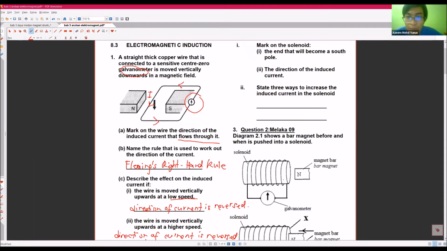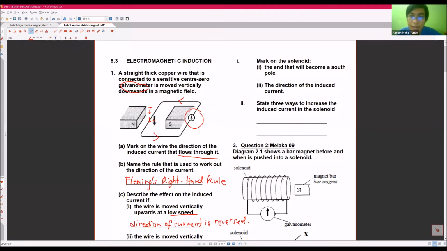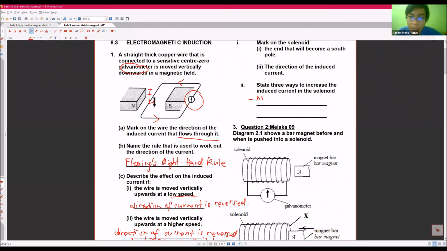State three ways to increase the induced current in the solenoid. Increase the number of turns of the solenoid, increase the speed of the action of the bar magnet, reduce the resistance of the coil wire.